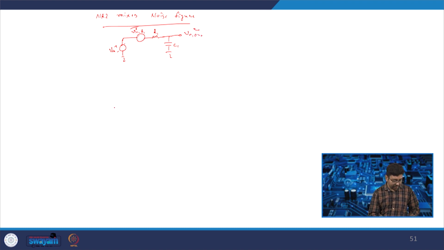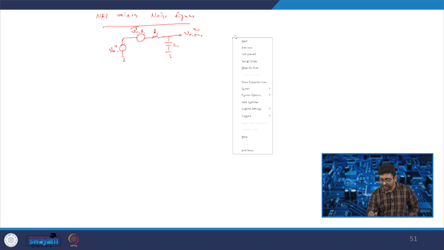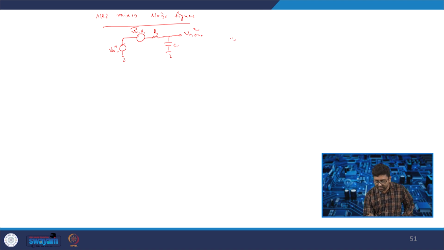So first, in this circuit it is a kind of low pass behavior, so we will get Vn out square for the low pass filter.